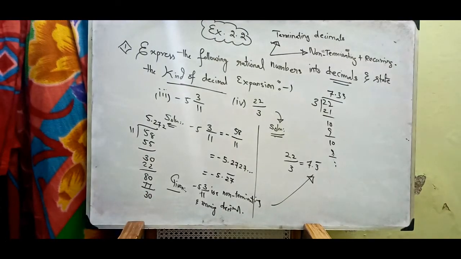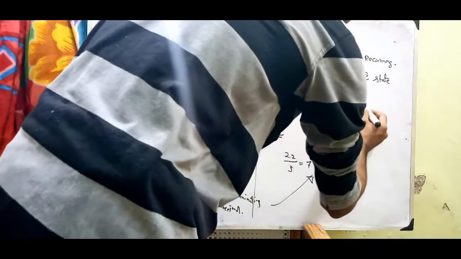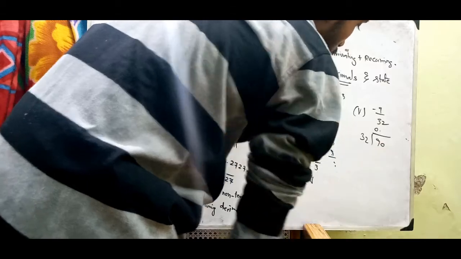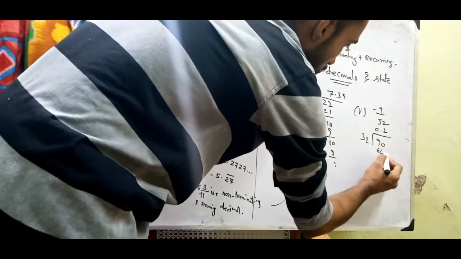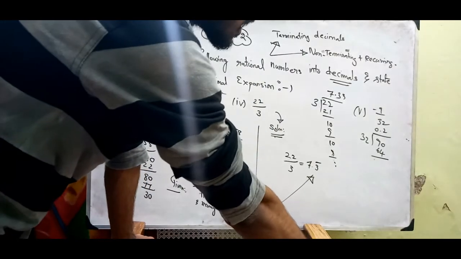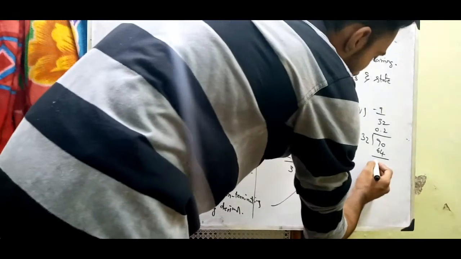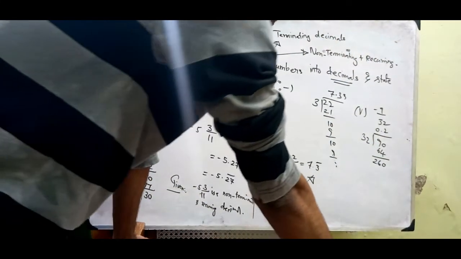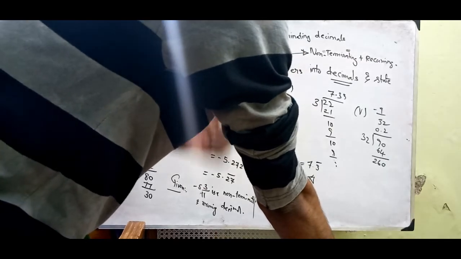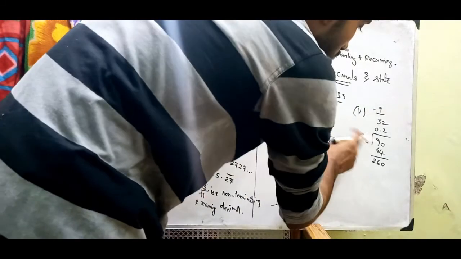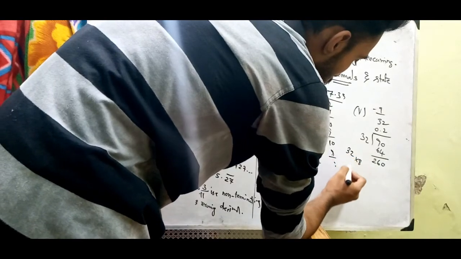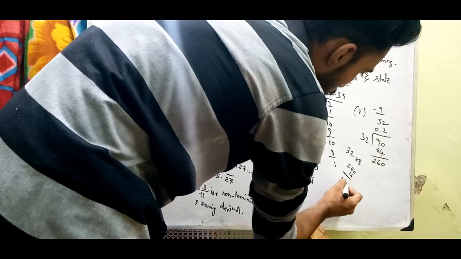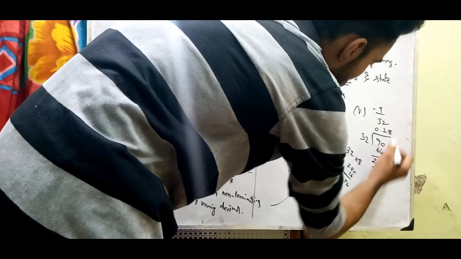And for the fifth one, I think minus 9/32 is given, the fifth question, minus 9/32. See, 9 by 32, so 0.2, 32 2 times is 64. Remaining what you have, 6, 60, 90, that is 26. Already the point is there, and 260 will come up here, and 32 times 8 is 256, that means 8 times.